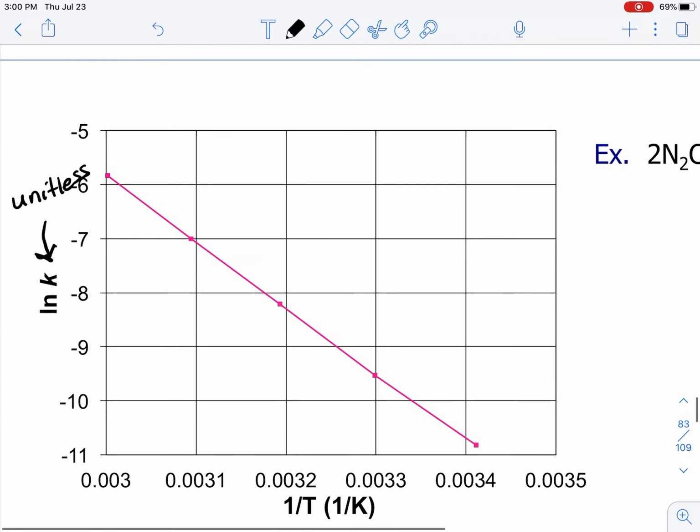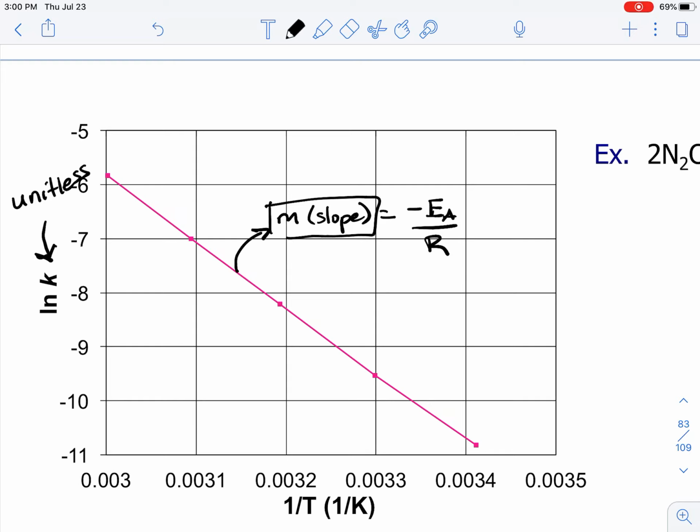So just for completion, I'm going to put a note that the slope, or M, is equal to negative EA over R. And so if you know the slope of the line, then you should be able to figure out the activation energy.